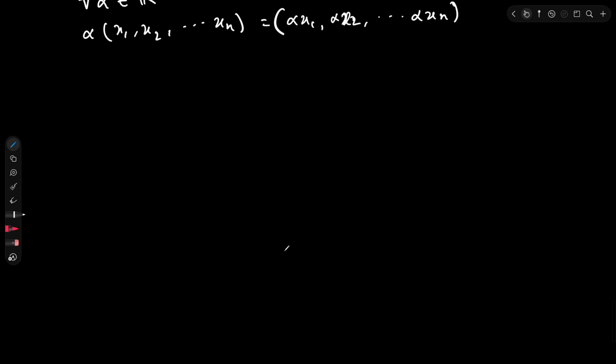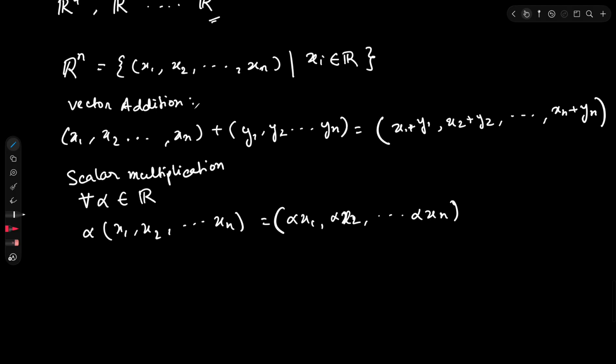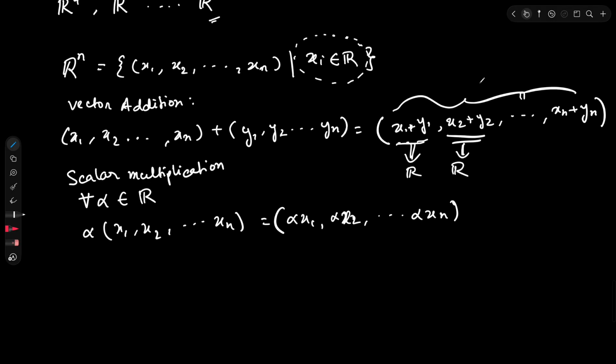We have to understand vector addition. What we did here was Rn was x1, x2, and so on, where xi belongs to R. If xi belongs to R, then this stays in that same vector space. So x1, x2, x3, y1, y2, dot dot dot, yn. If we add x1 plus y1, this number also belongs to R, and this number also belongs to R. So we can tell that this full thing belongs to Rn, right?